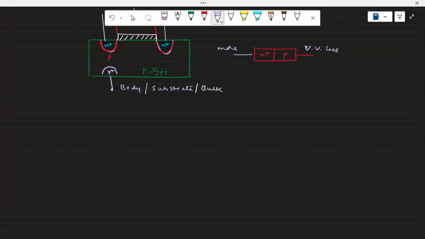Okay, therefore, if you take this something like this, VPN. Okay, so VP minus VN. Let us consider it in this way. Okay, what should VN be so that it is always in the reverse bias? What is the one value that makes it always in the reverse bias?